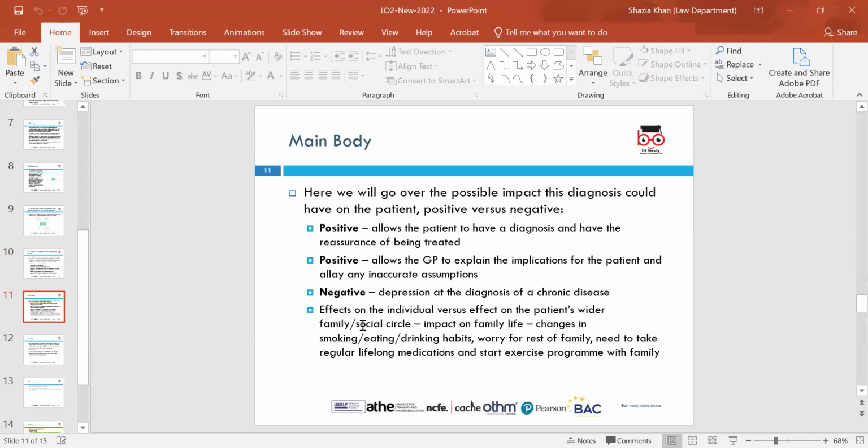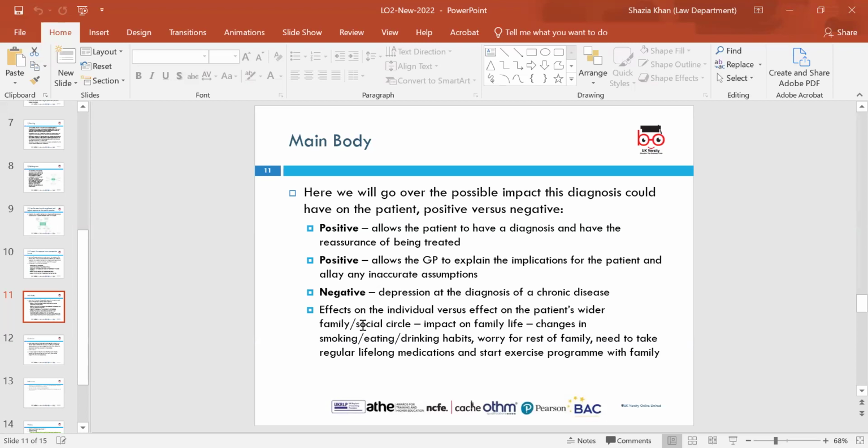The main body, here we go on to the possible impact the diagnosis could have on the patient, positive versus negative. The positive one allows the patient to have a diagnosis and have reassurance of being treated. The positive also allows the GP to explain the implications for the patient and allay any inaccurate assumptions.